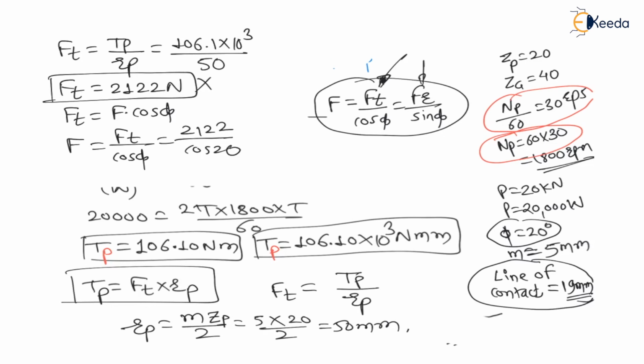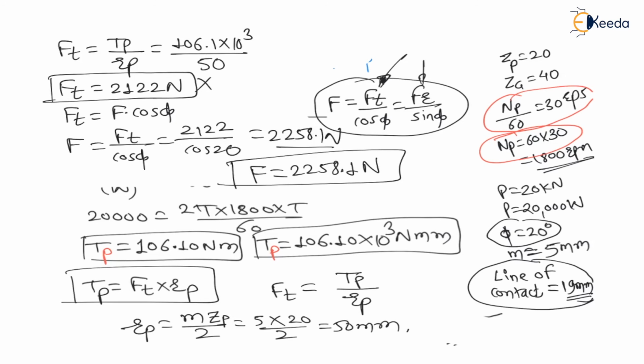If I solve this I will get 2258.1 newton. Therefore the total force is equal to 2258.1 newton. And if I look at the options, option C will be the correct choice for this question. Thank you dear students. In the next lecture we will see one more numerical on gear design.